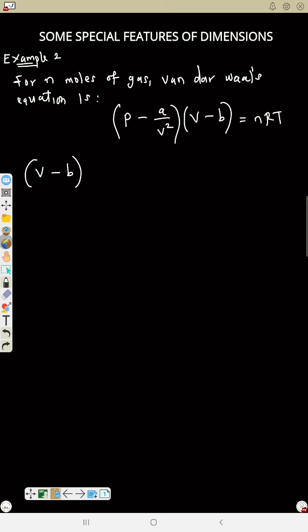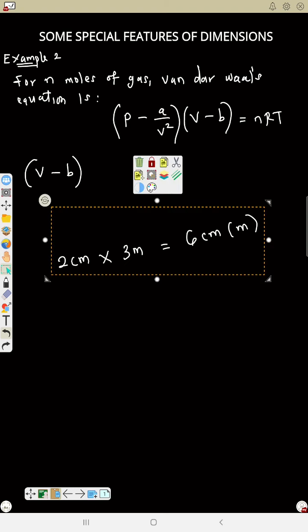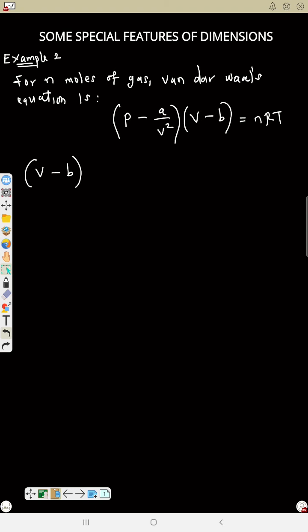It's possible to multiply two quantities together: 2 centimeter times 3 meter, I'll get 6 centimeter meter. But addition or subtraction is not possible. So I'm not considering the two at once, because I don't know the dimension of A and I don't know the dimension of B. So now I want to consider this first bracket.